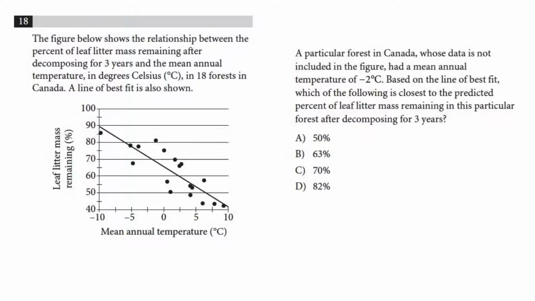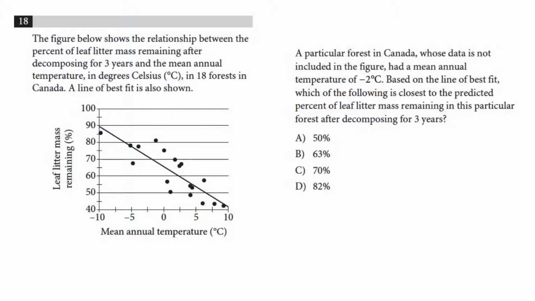18. The figure below shows the relationship between the percent of leaf litter mass remaining after decomposing for 3 years and the mean annual temperature in degrees Celsius in 18 forests in Canada. A line of best fit is also shown. Okay. So as the temperature goes up, the leaf litter mass remaining goes down.